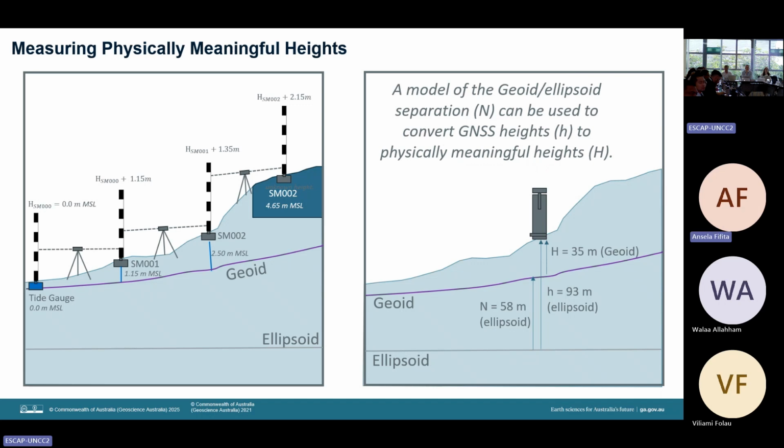And today we have much better technology readily available in our mobile phones and survey grade GNSS equipment. So the other option, despite what I said earlier about the ellipsoidal heights, is using GNSS.